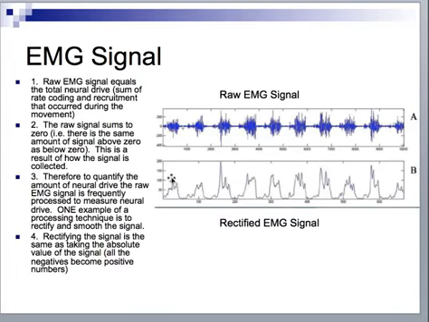Each one of these impulses represents the same kind of neural drive. So we can see that EMG gives us an insight into how the brain is trying to drive or stimulate the muscle for muscle control, for muscle force modulation.